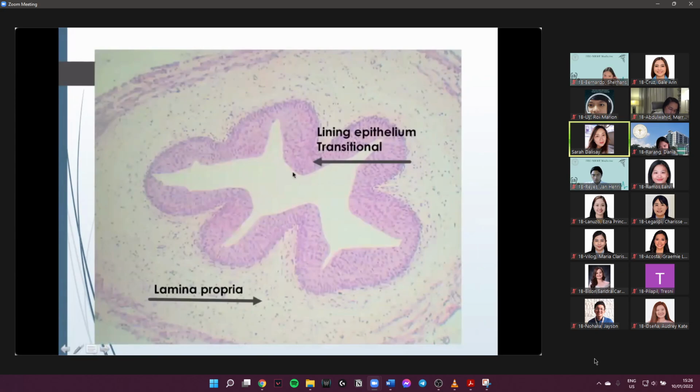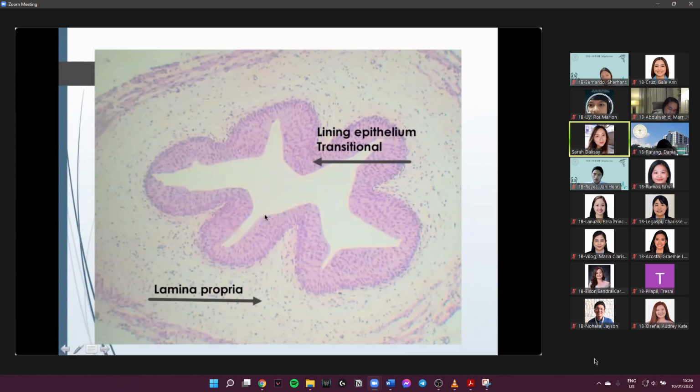Again, this is your transitional epithelium. And one of the characteristics of your transitional epithelium is that it has a superficial layer of dome-shaped cells, no? So, or what we call umbrella cells, no? Kasi nga dome-shaped ang itsura nila, no? That will be the characteristic here, no?